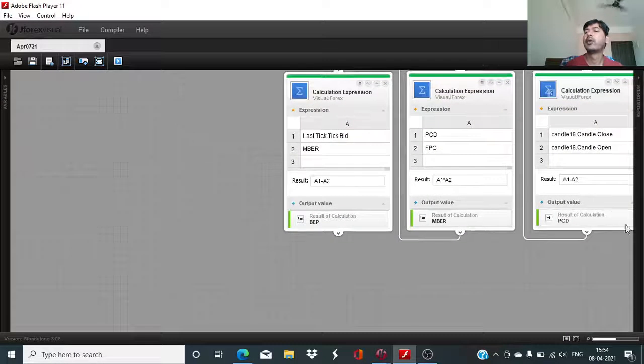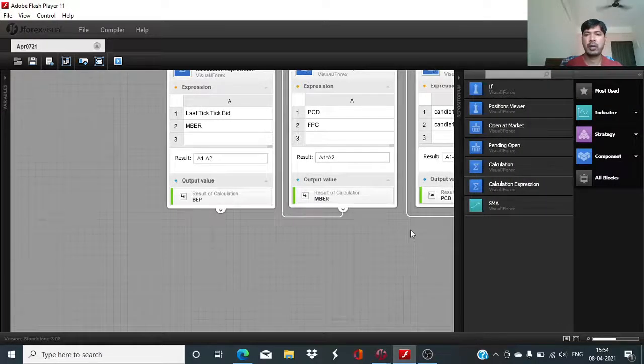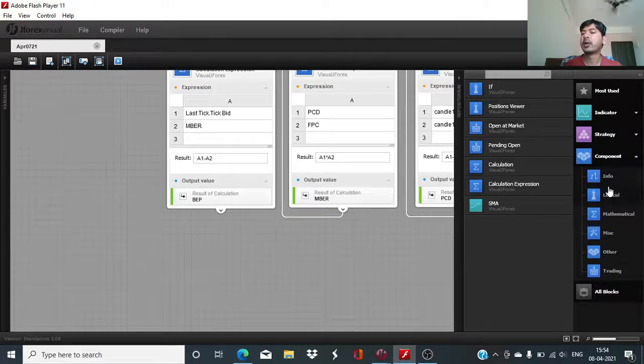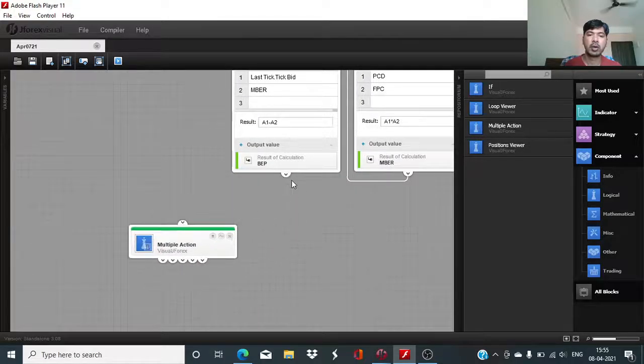Okay, now I will bring in the multiple action. For the time being, we will join it below this block, but later on we will have to again disconnect it and add additional blocks. It will be amongst the logical blocks.